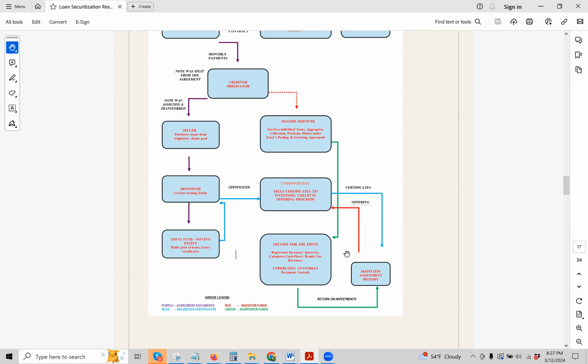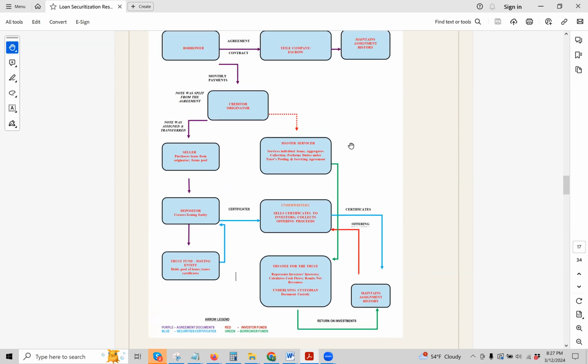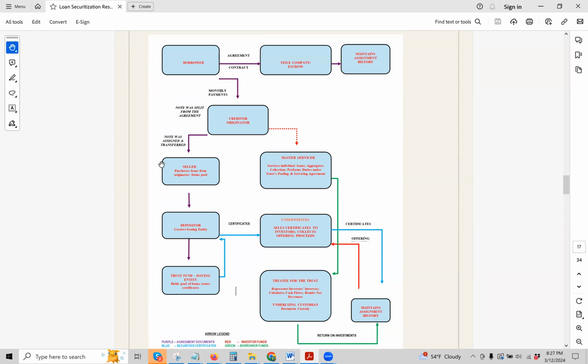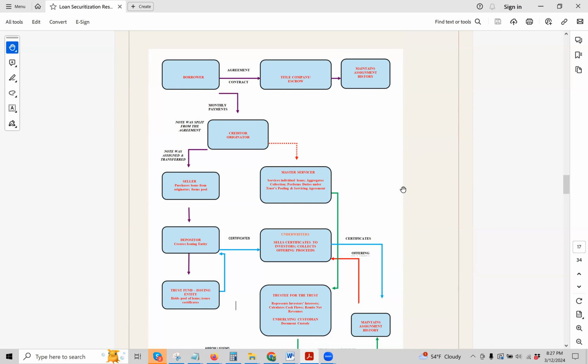So that's one thing you can pause and look at as well. But that gives you an idea, in a sense, of what is going on, and how some of these different roles, like the master servicer and the depositor and the underlying custodian, all kind of fit, okay?